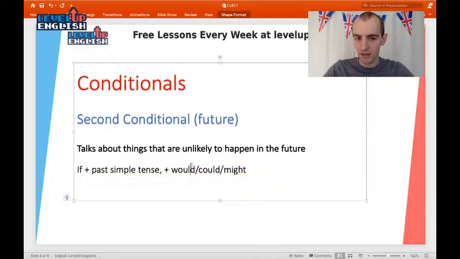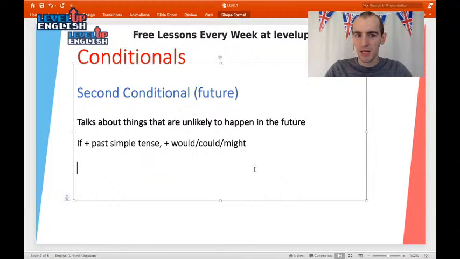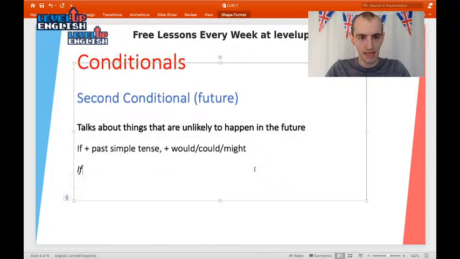So the reason we say would, could, or might is because these are the past tense modal verbs. Would is the past of will, could is the past of can, might is the past of may. So this is all about using past tense, and I'm going to explain that a little bit more in a minute. One example, if I studied harder, I would pass the exam.